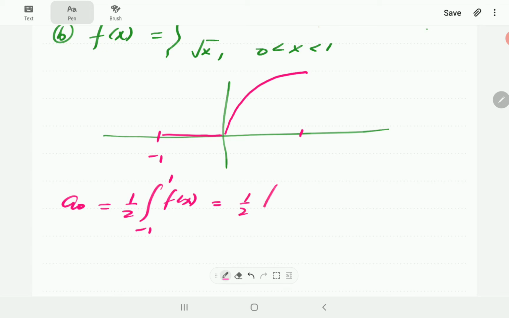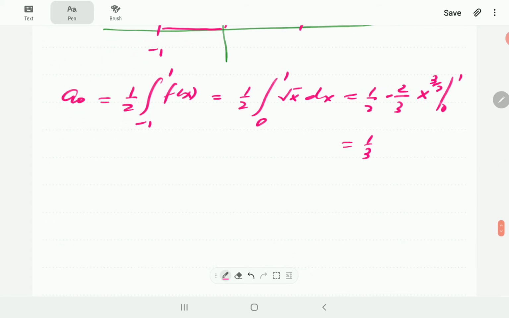So that means the only contribution is going to be on the right hand side. If we integrate this, we're going to have 1/2 times 2/3 x to the power 3/2. So this is going to give us a third. So that's going to be our a0.